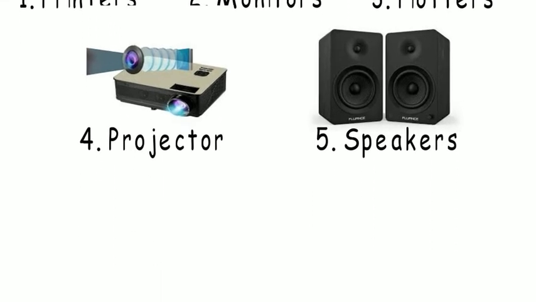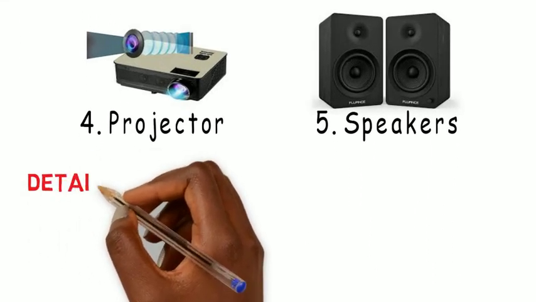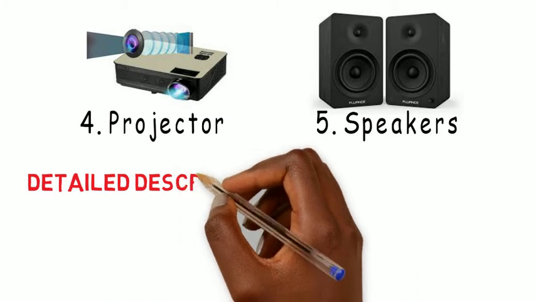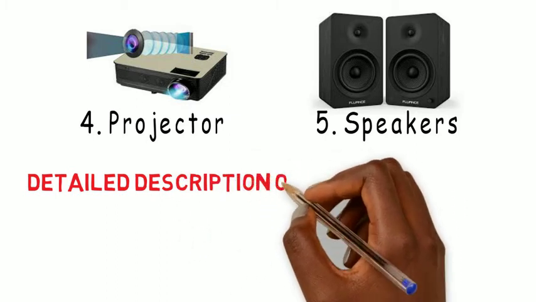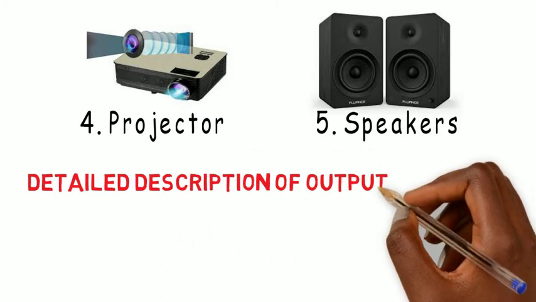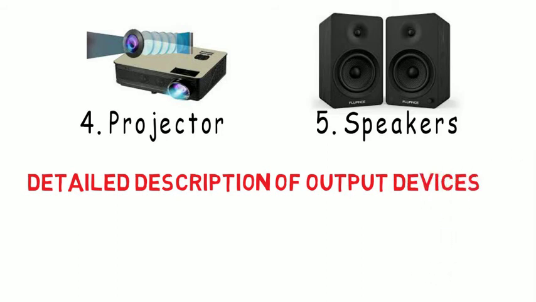We shall therefore study each of these output devices in detail. This takes us to the third and last objective, which is a detailed description of each of these output devices.